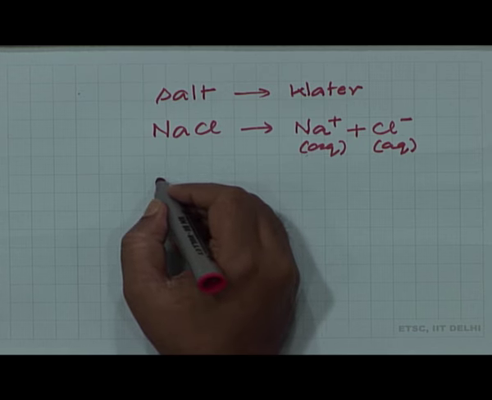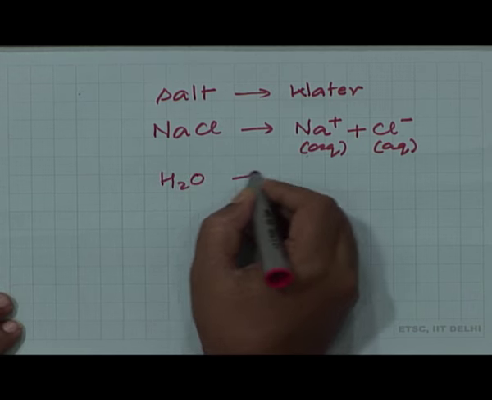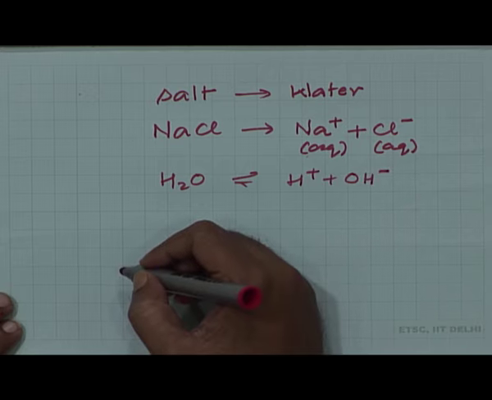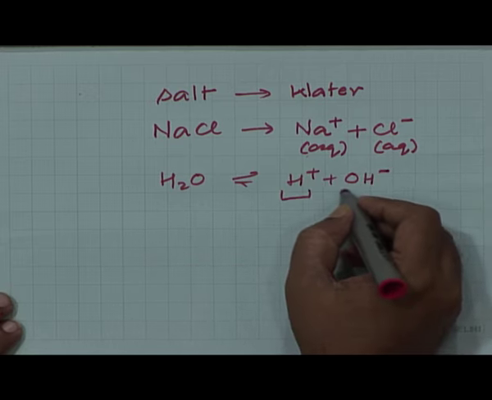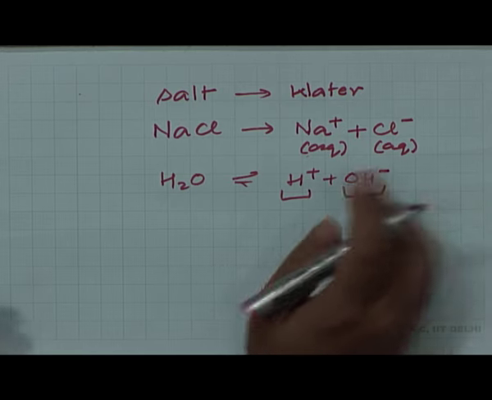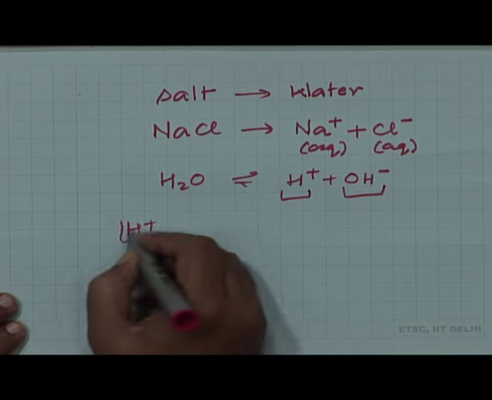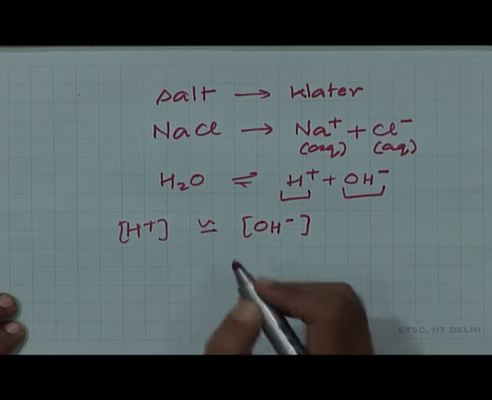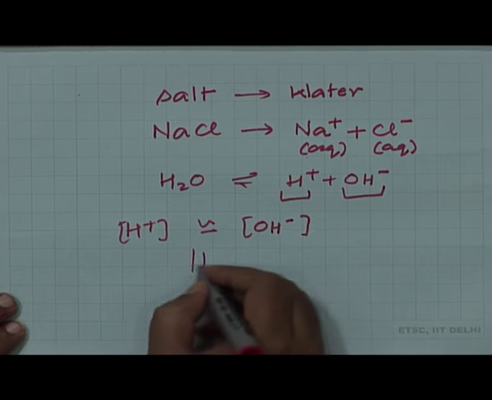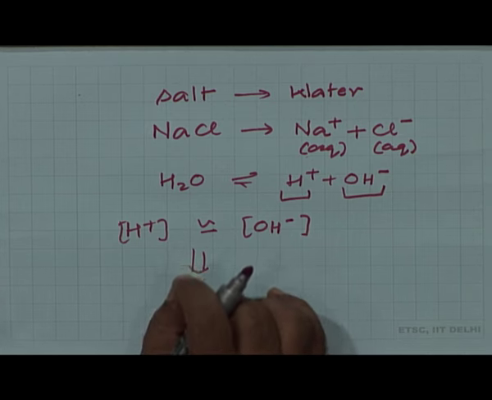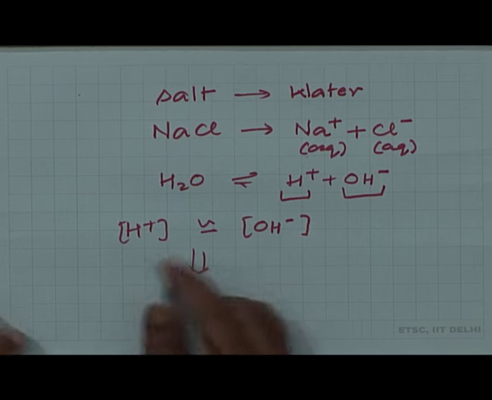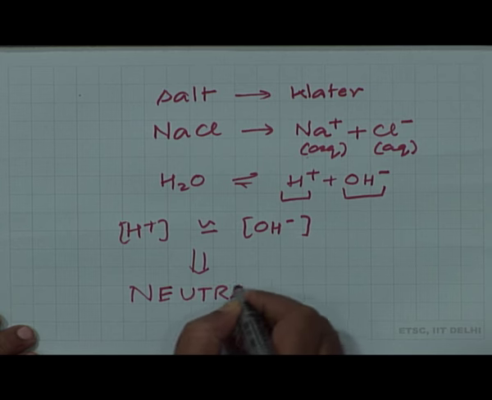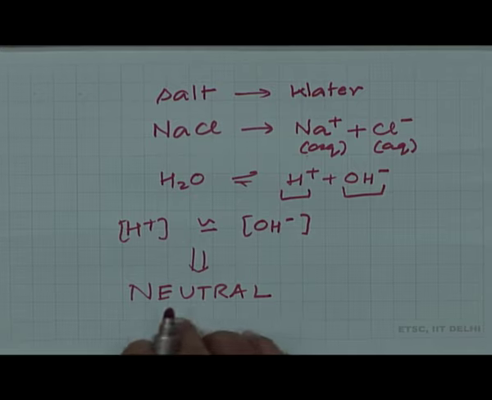Whatever H plus there is will come from H2O, and the concentrations of H plus and OH minus will be equal, and so the aqueous solution of NaCl is neutral.